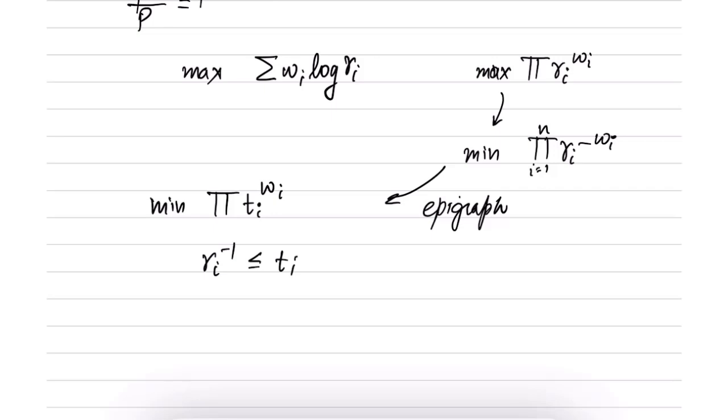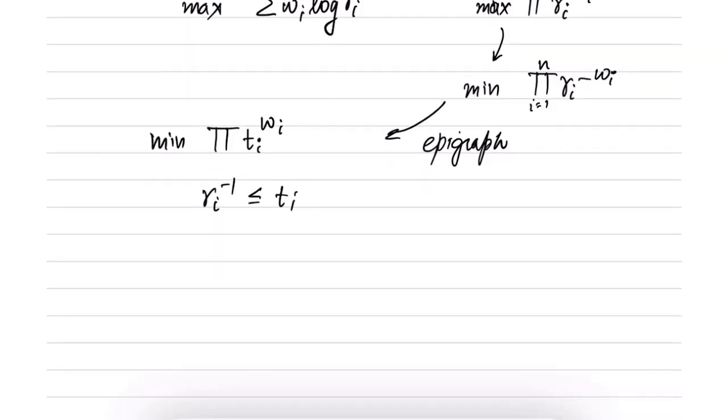This constraint is equivalent to saying that 1 by Ti times 1 by gamma i is less than or equal to 1. Now 1 by gamma i we have already seen is a polynomial, and if we multiply a polynomial with a monomial, it will still remain a polynomial. So this is a polynomial constraint.